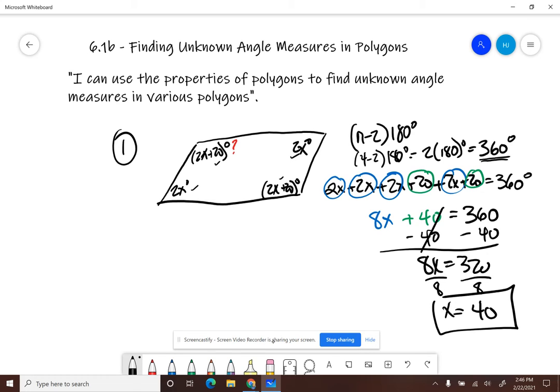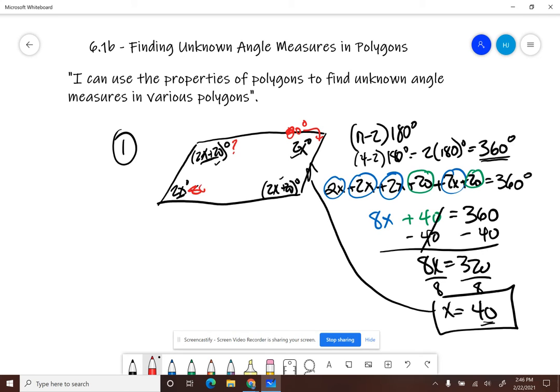But this was asking me what each of these angles is. So what am I going to do? I'm going to take this 40 and substitute it back in for x in each one of these. 2 times x, 40 times 2, would be 80. So this would be 80 degrees.